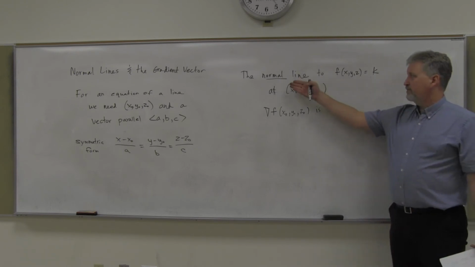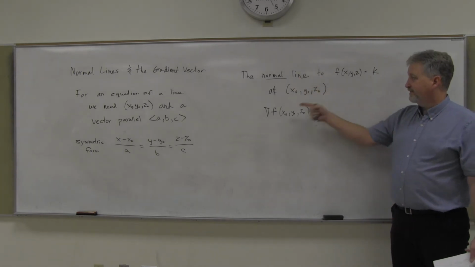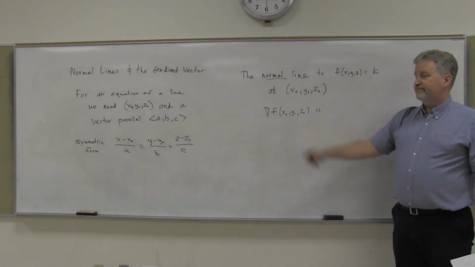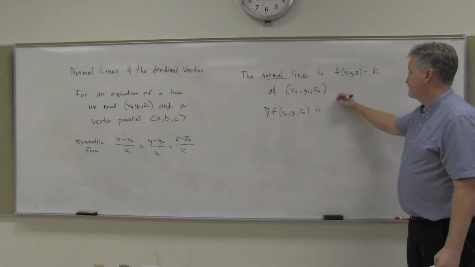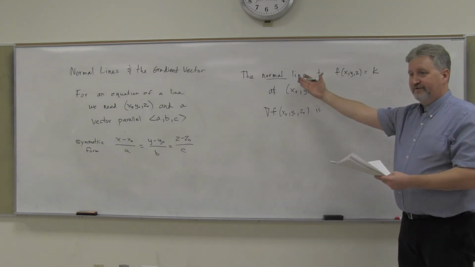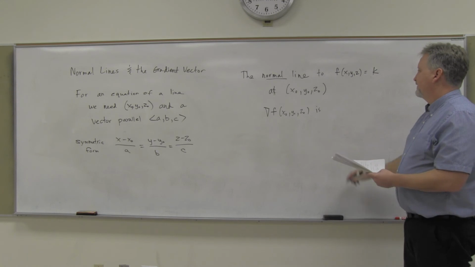So if I want a normal line to that, well, the gradient vector would be parallel to this normal line. It's perpendicular to the surface, so it's parallel to the normal line. You see what we're saying?